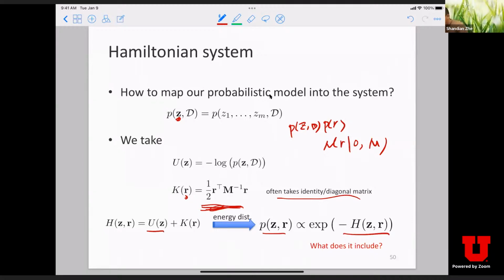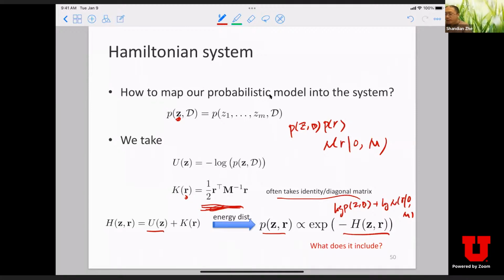If you take the negative log of total energy, this is just the logarithm of the joint probability plus the logarithm of your Gaussian distribution over the momentum variable R. And you take the exponential, they just cancel, and they give you the joint probability.